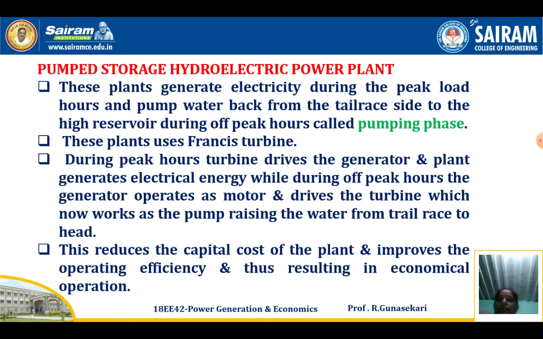During peak hours, the turbine drives the generator and the plant generates electrical energy, while during off-peak hours, the generator operates as a motor and drives the turbine, which works as a pump raising the water from the tail race to the head, that is, from the lower reservoir to the upper reservoir.